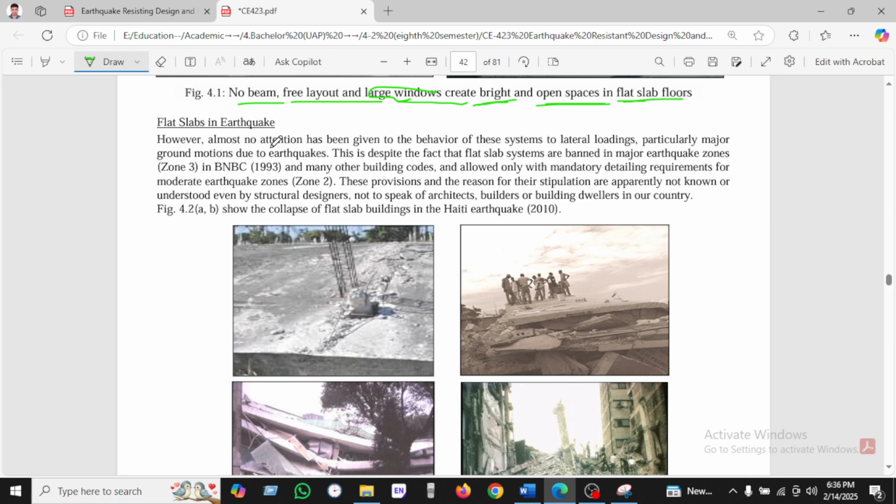However, no attention has been given to the behavior of the system under lateral loading, particularly major zone motion due to earthquake. This is despite the fact that flat slab systems are used in major earthquake zone, which is zone 3 in Bangladesh, Sylhet and Mymensingh also, and many building codes do not allow the mandatory detailing requirement for the moderate earthquake zone, which is zone 2.